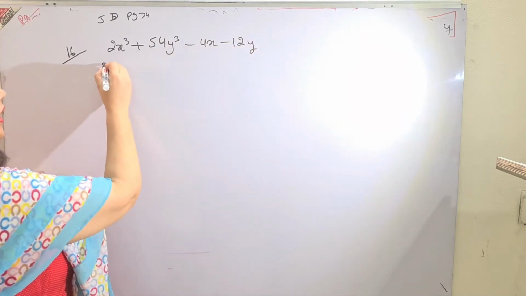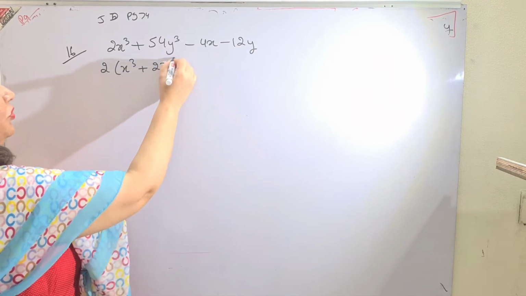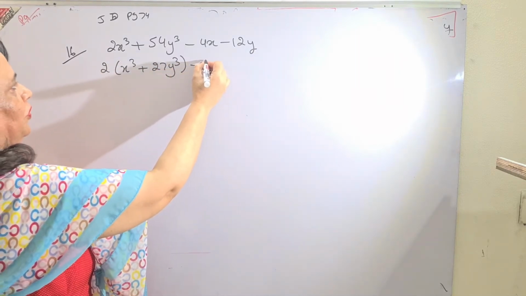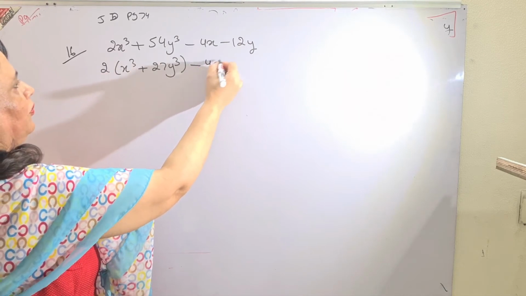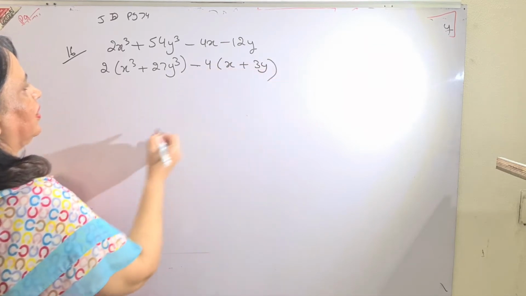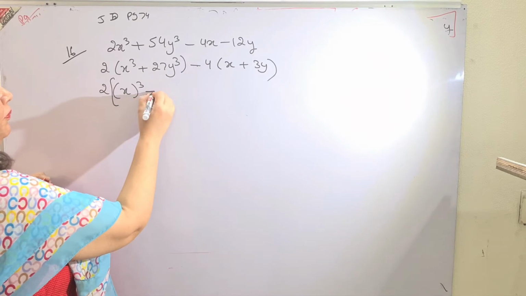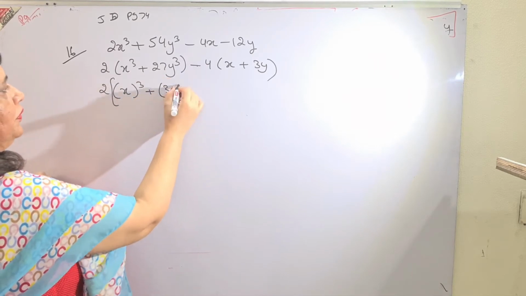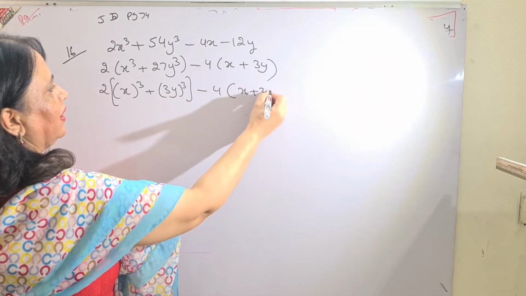So see, you take 2 common, x cube plus 27y cube. Everything is clear. You take 4 common, again minus sign is outside, x plus 3y. Now see, 2x whole cube plus 3y whole cube minus 4x plus 3y.